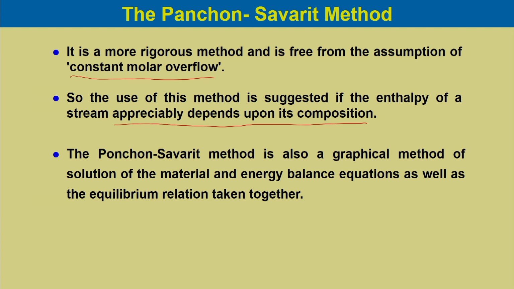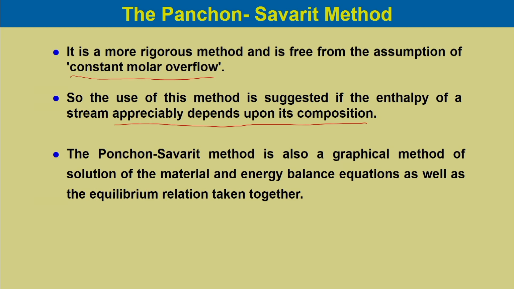The Ponchon-Savarit method is also a graphical method of solution of the material and energy balance equations, as well as the equilibrium relation taken together. So, this is similar to the McCabe-Thiele graphical method of solution. In the McCabe-Thiele method, we considered the material balance and the equilibrium relation together to construct the diagram and graphically find out the number of ideal stages required for a particular separation.